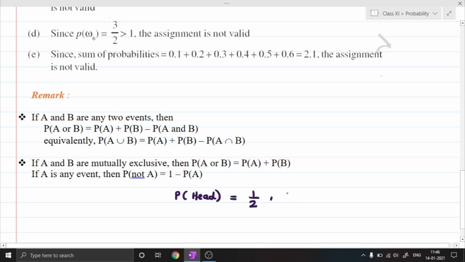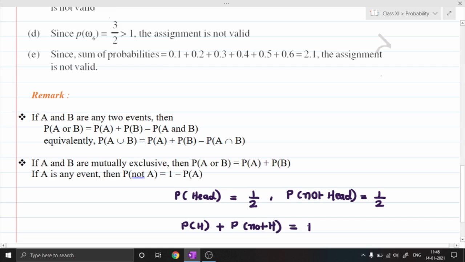And if I ask you what is the possibility of not coming head? If head is not coming, then tail will be coming, so indirectly we are finding the possibility of coming tail. That will also be 1 upon 2. So if you add both of them, the possibility of coming head and the possibility of not coming head, both will be equal to 1.